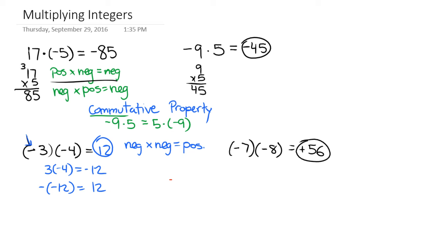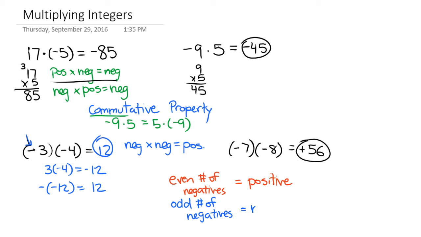We can look at it this way. If we have an even number of negatives, our answer will always be positive. If we have no negatives, then our answer will also be positive. If we have an odd number of negatives, then our answer will be negative. And in a sense, it's this idea that we're able to pair up these, since a negative times a negative equals a positive. So we can do it that way.